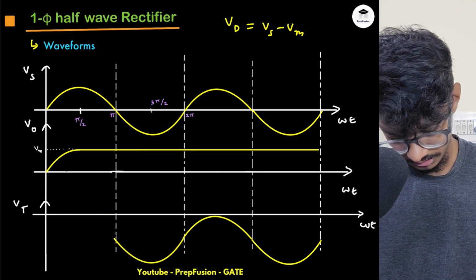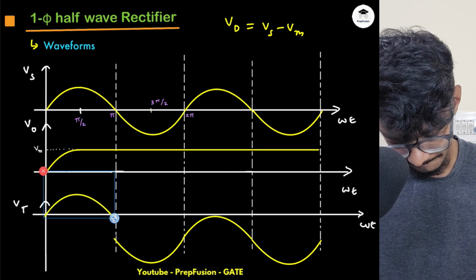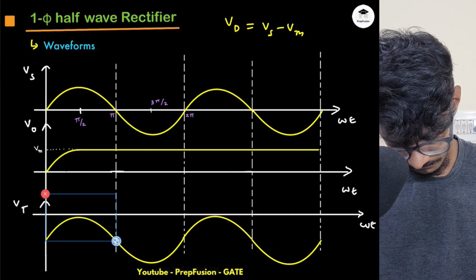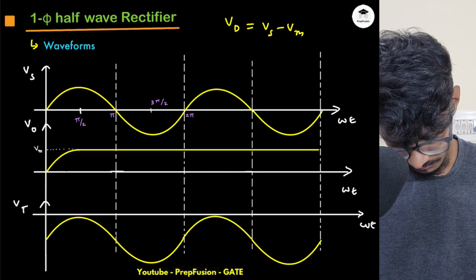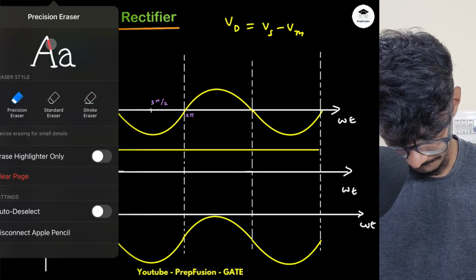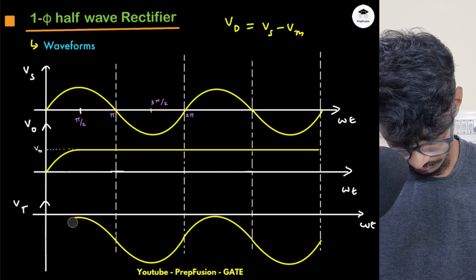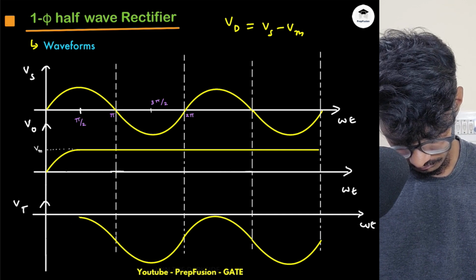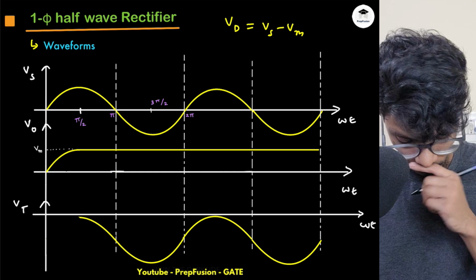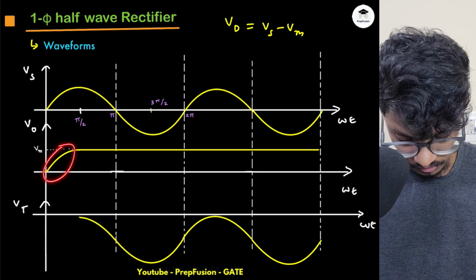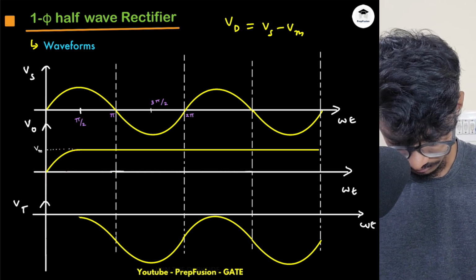This will be like this and this will be. So up until here, the diode voltage will be 0 because it has turned on.